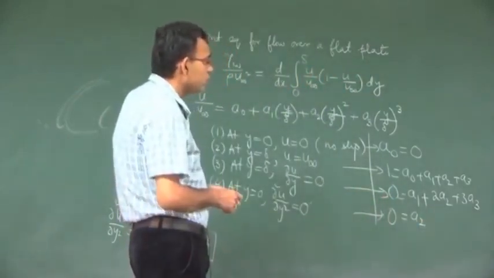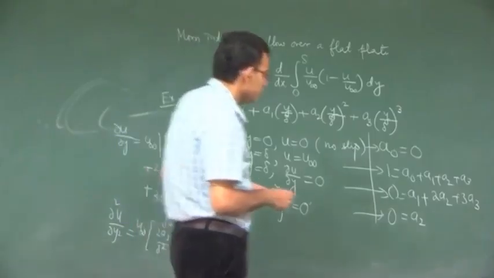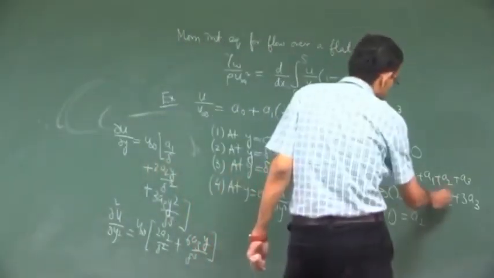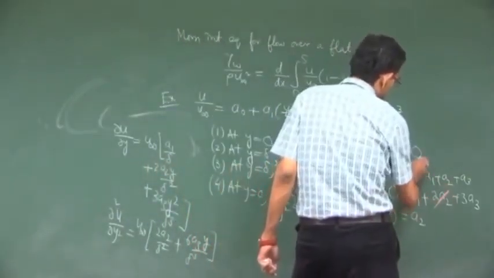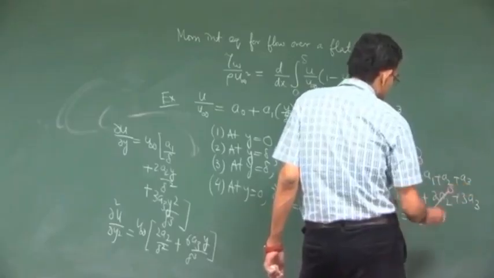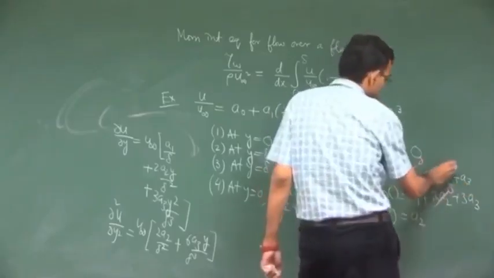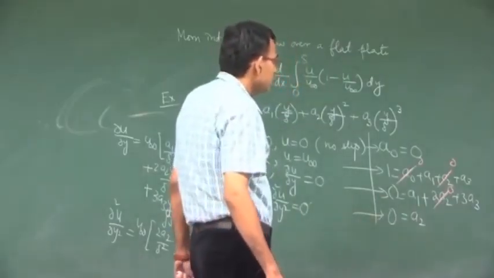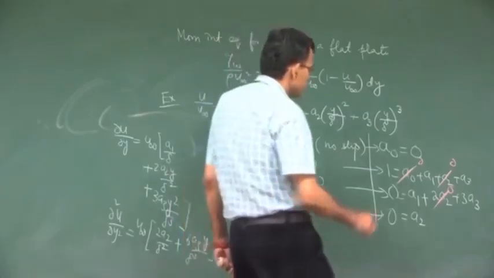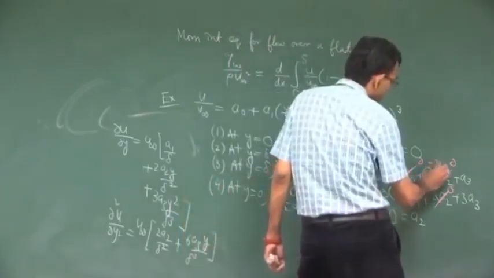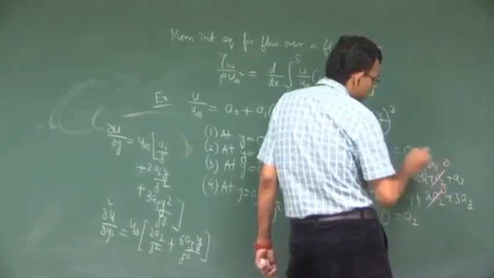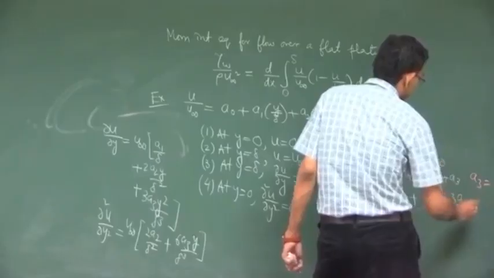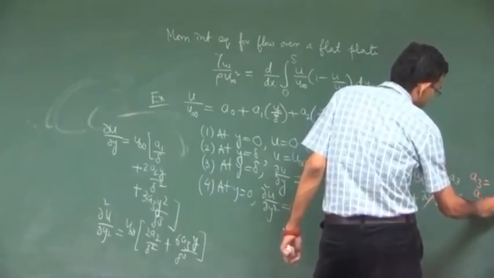So, A0 and A2 are 0. So, let us make those 0 here. This one also. So, A1 plus A3 is 1 and A1 is minus 3A3. So, minus 3A3 plus A3 is equal to 1. So, A3 is minus half and A1 is equal to 3 by 2.